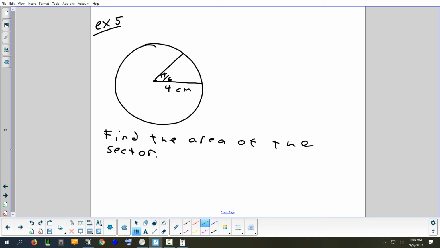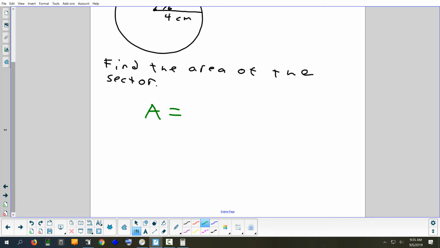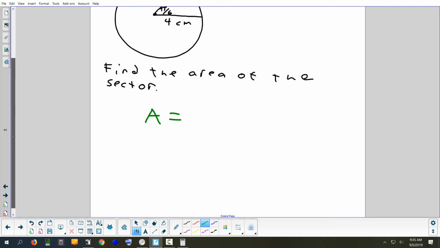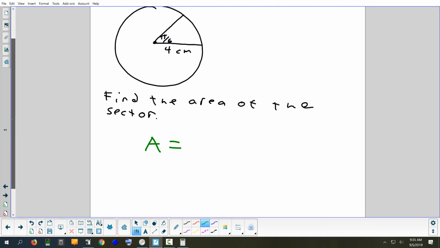Yep. So let's write that down. What is the formula for the area? A equals half radius squared. Yep, half radius squared times theta. Okay. It says find area, so you don't know that. You know the 1/2 is, well, 1/2.